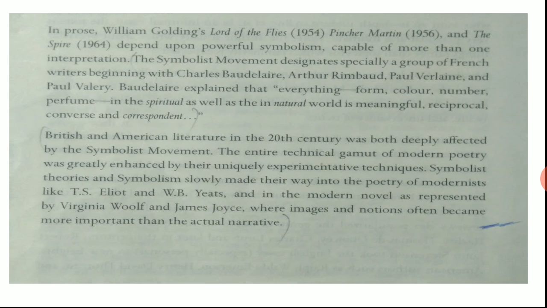The entire technical gamut of modern poetry is greatly enhanced by their unique experimental techniques. Symbolist theories slowly made their way into the poetry of modern poets like T.S. Eliot and W.B. Yeats, and in the modern novel as represented by Virginia Woolf and James Joyce, where images and notions often became more important than the actual narrative.